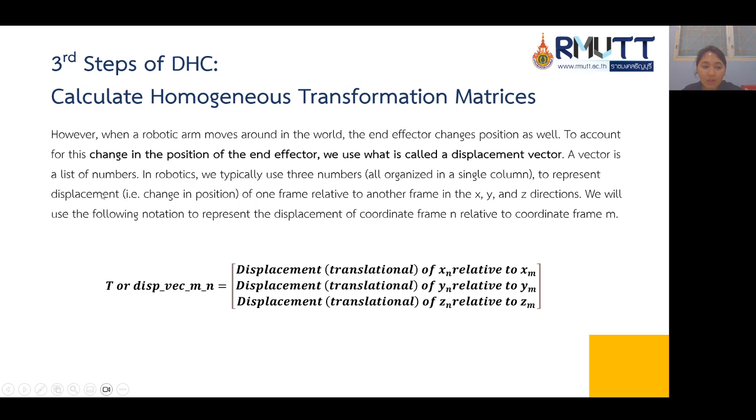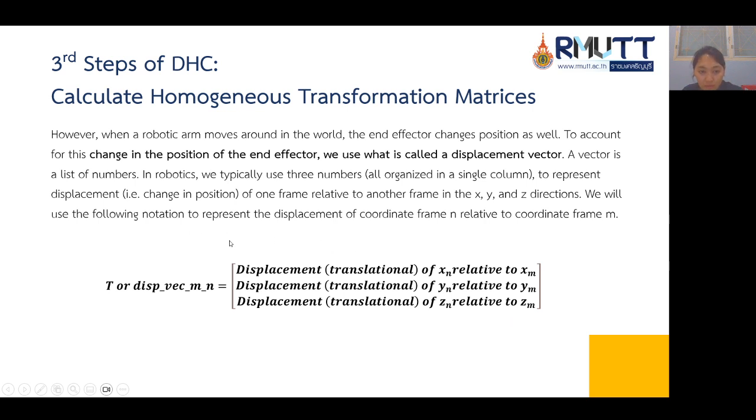A vector is a list of numbers. In robotics, we typically use 3 numbers, all organized in a single column, to represent displacement. It is the change in position of one frame relative to another frame in the x, y, and z directions.